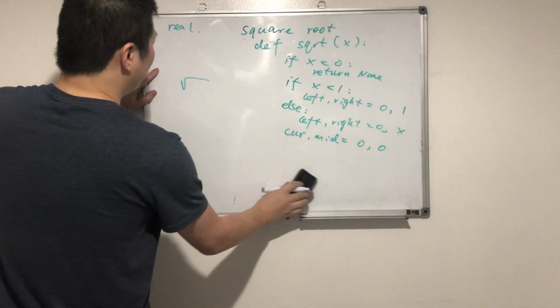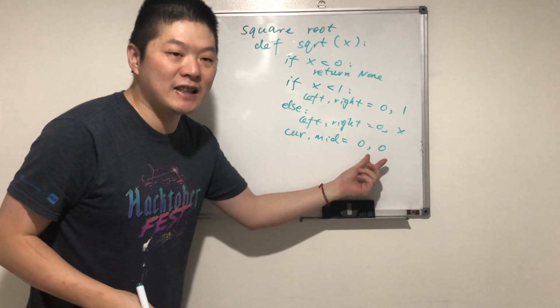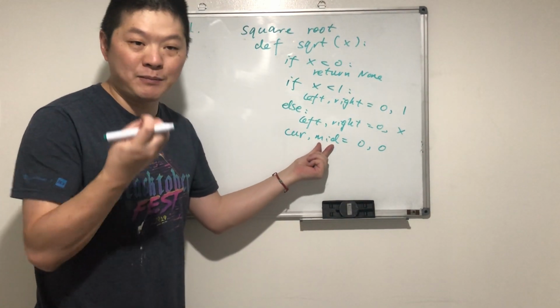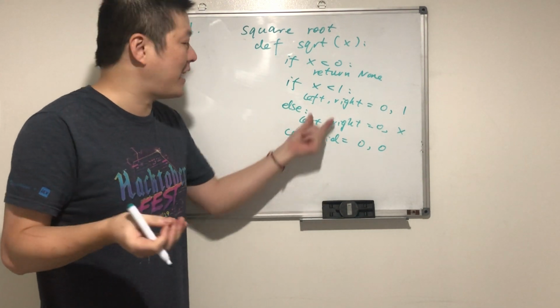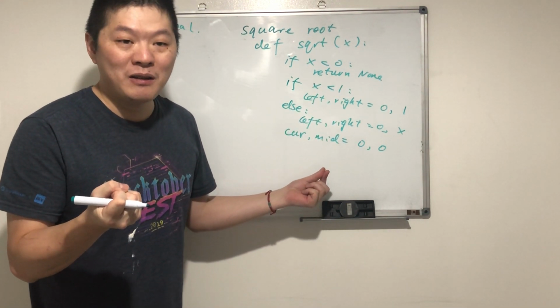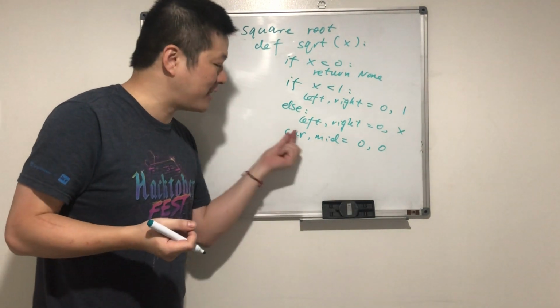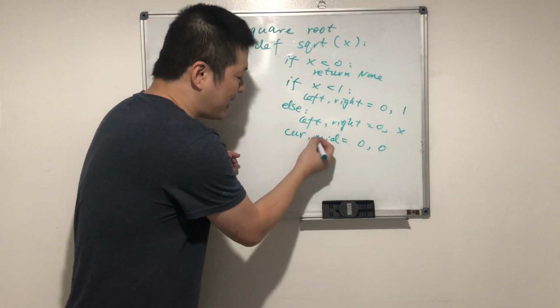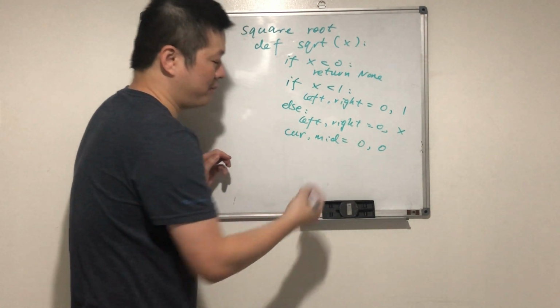This mid number is the number we guess. We guess the square root is 0, but this guess is not right. Don't worry, we make a guess. The current is mid times mid, mid to the power of 2.